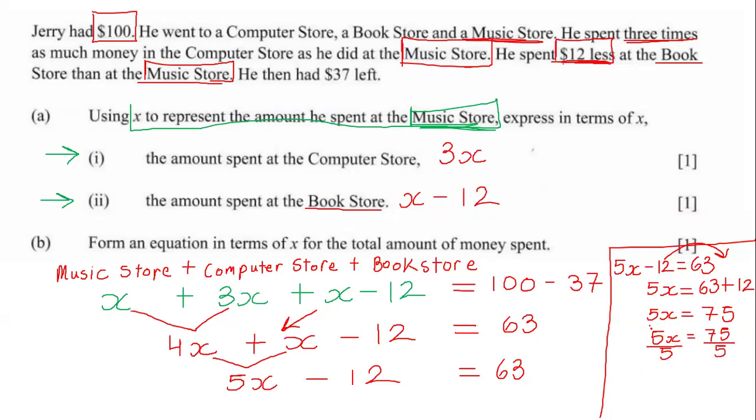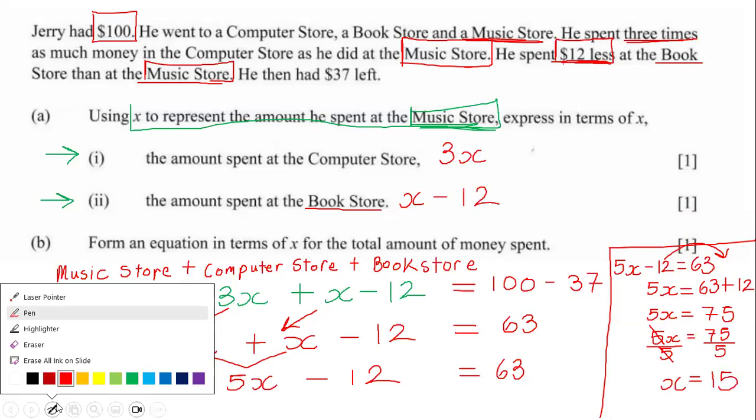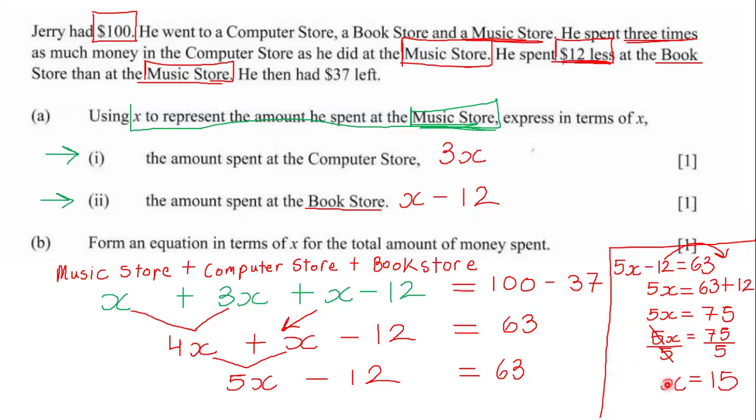Then we cancel. So x is equal to, what is 75 divided by 5? 15. Yeah, 15. So the answer is 15. And so that means that x, which we were trying to figure out, x is 15.